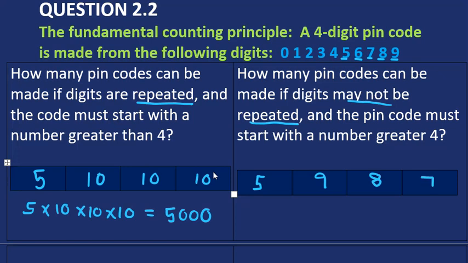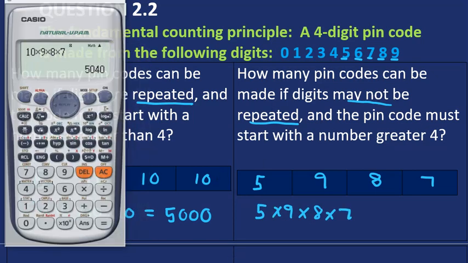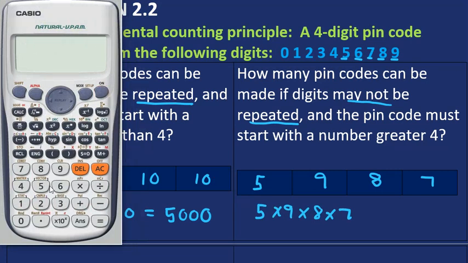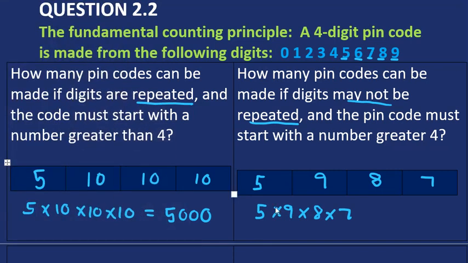So the number of pin codes that may be created in this scenario will be 5 times 9 times 8 times 7. Just go to your calculator. 5 times 9. 2,520. 2,520 pin codes can be made in that case.